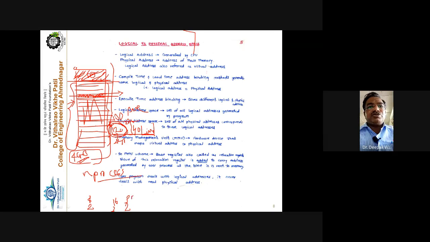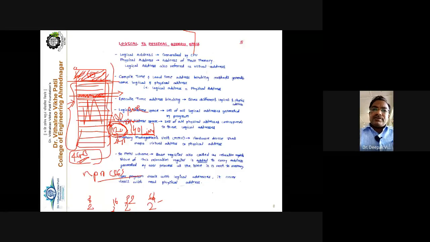A 32-bit processor, 2 raised to 32, and 2 raised to 64. Nowadays you have 64-bit processors available, so they can generate 2 raised to 64 addresses, such a huge amount of logical addresses, and a huge logical address space.